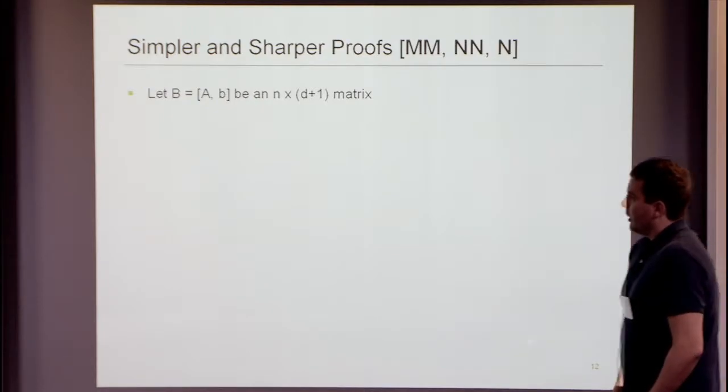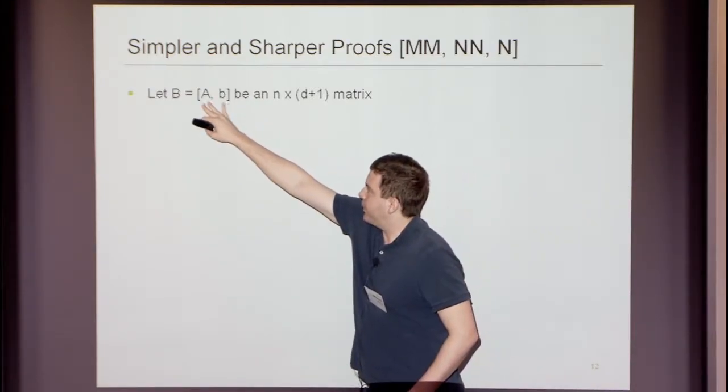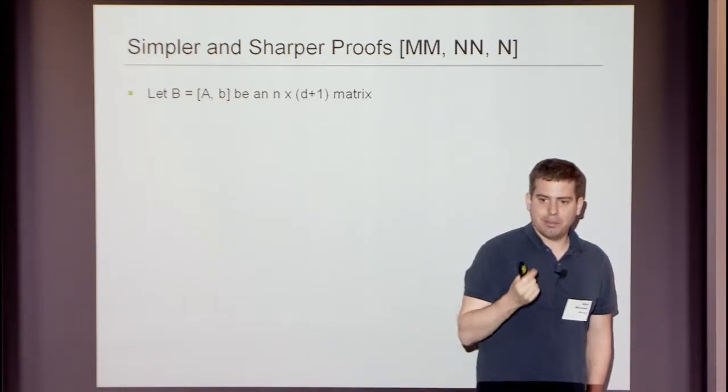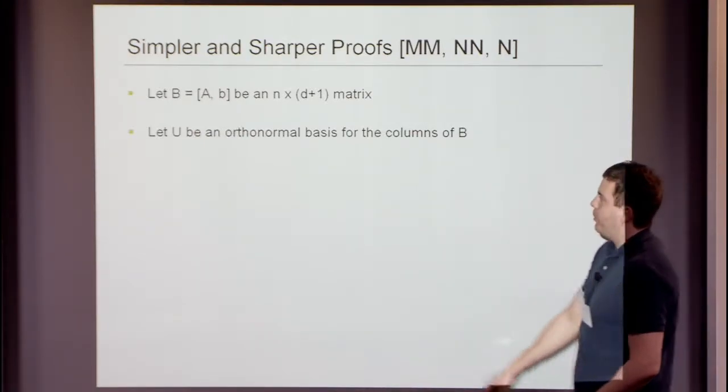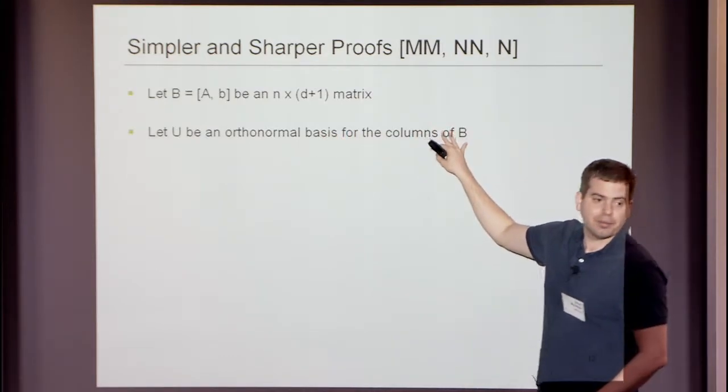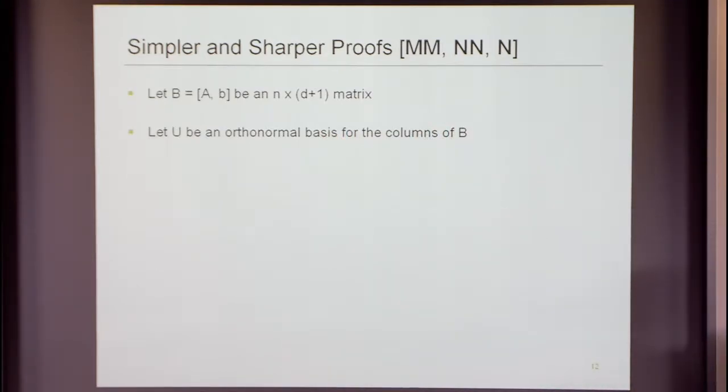So let's consider this adjoint matrix B, where we take the columns of A and we adjoin the column vector b, right? It's an n by d plus 1 matrix. And let U be an arbitrary orthonormal basis for the columns of B. Okay?